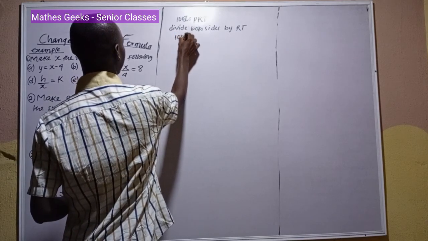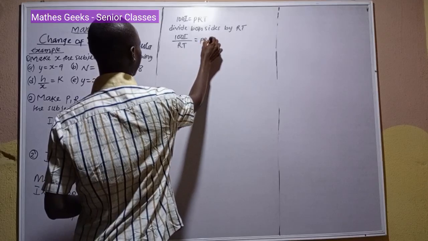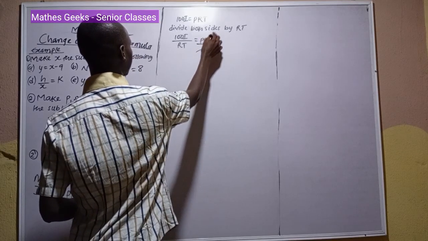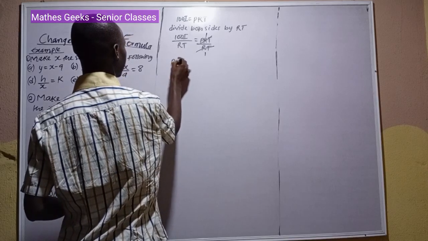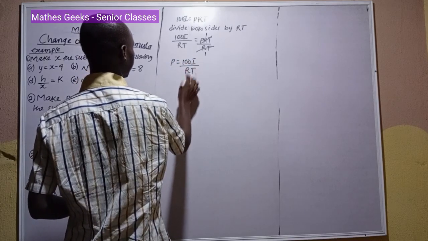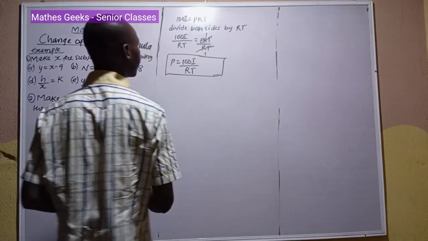So 100I over RT equals PRT over RT. So this will cancel, this will cancel. So P equals 100I over RT. So this is the formula for principal.